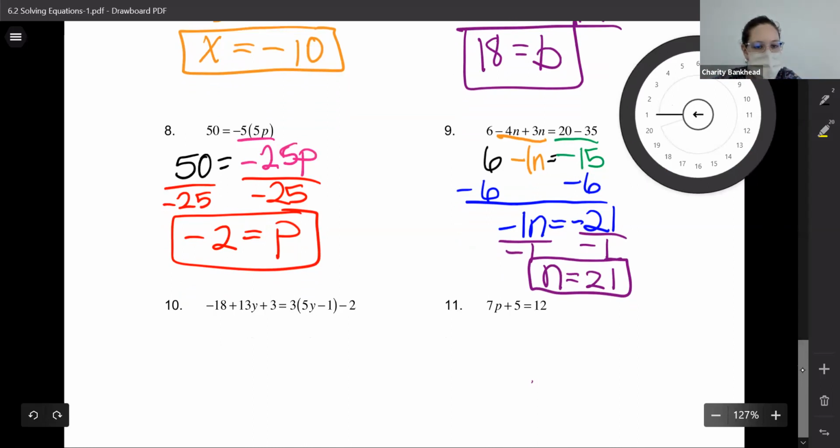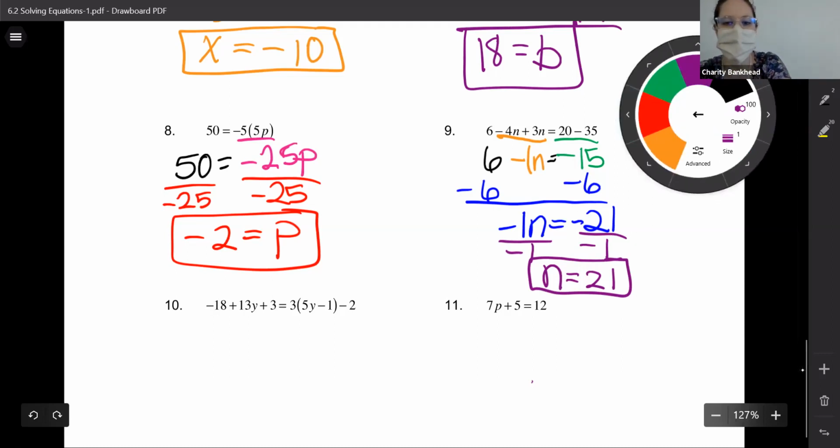Okay, number 10. All right, I have some simplifying I need to do here. So negative 18 plus 3 equals negative 15. And bring down plus 13y equals, and then I'm going to distribute the 3.